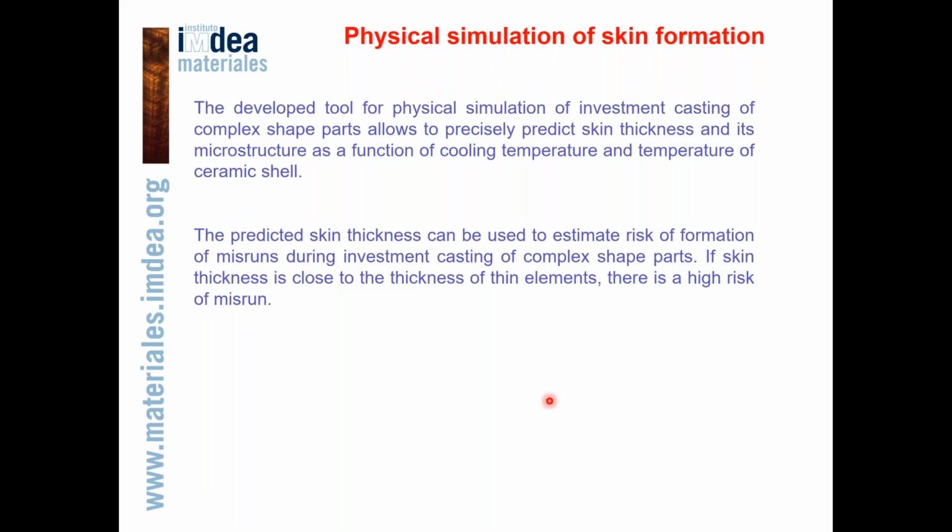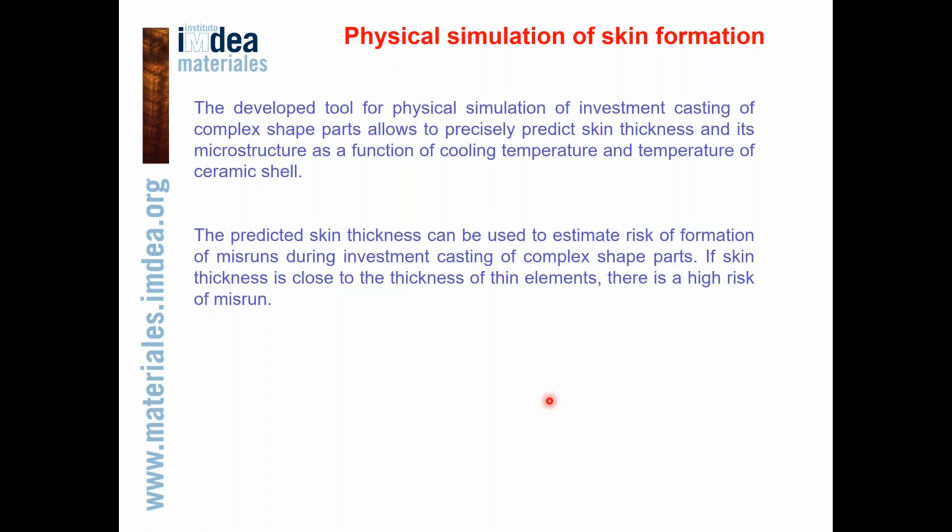From these results, we can see that the developed tool for physical simulation of investment casting of complex shaped parts allows us to predict the thickness of the skin and its microstructure as a function of cooling temperature and temperature of the ceramic shell. The predicted skin thickness can be used to estimate the risk of formation of misruns during investment casting of complex shape parts.